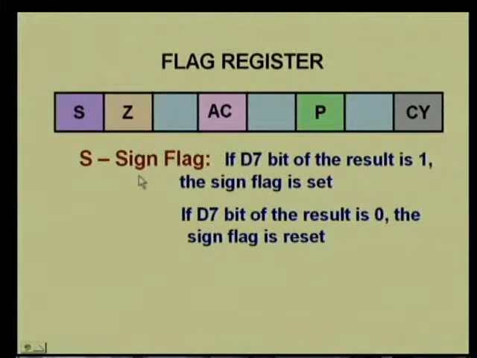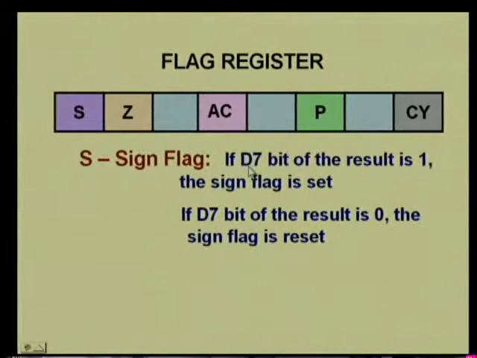In general, in sign magnitude representation, the most significant bit within the 8-bit data, that is the D7 bit, is used to represent the sign of the data. If it is 1, it indicates a negative number. If the most significant bit is 0, then it represents a positive number.